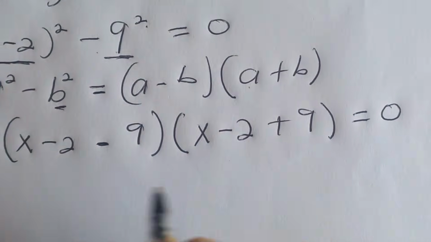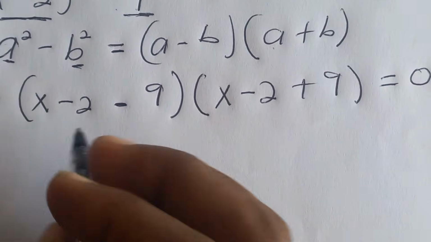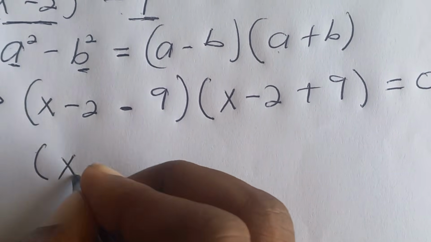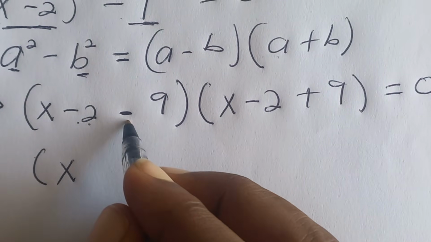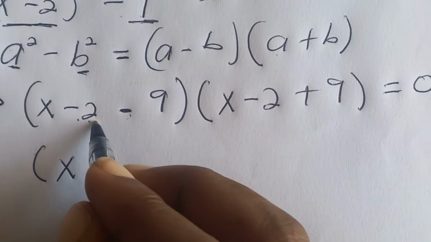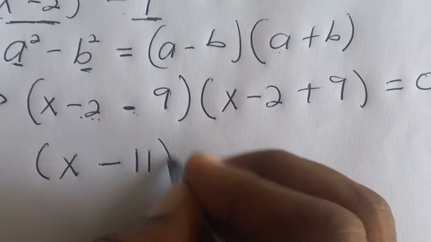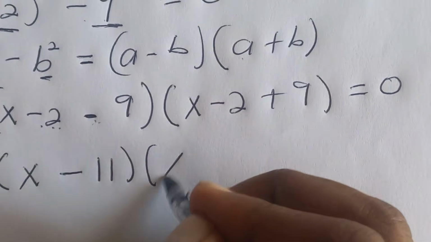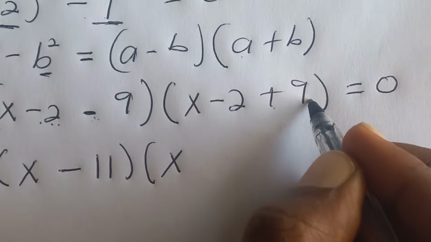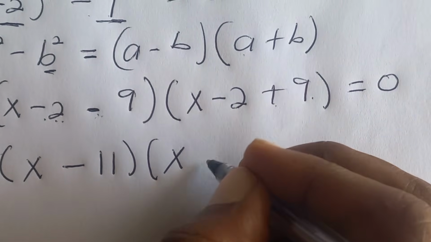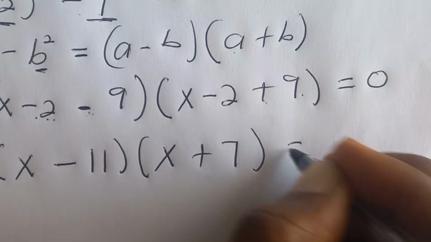Now we have x minus 2 minus 9, we are getting x minus 11. Then we have x minus 2 plus 9, we are getting x plus 7, which is equal to 0.